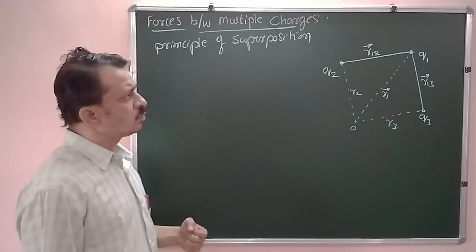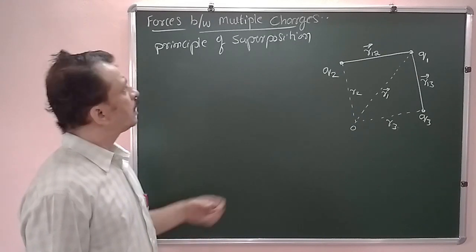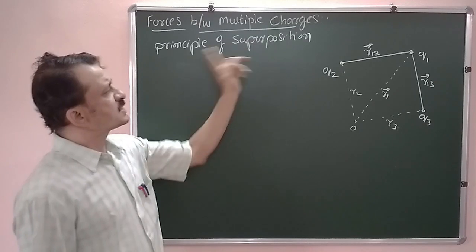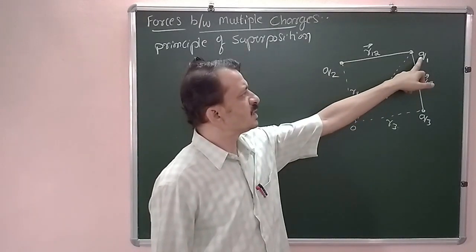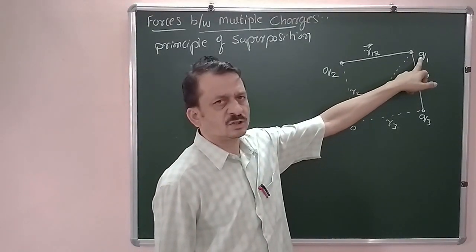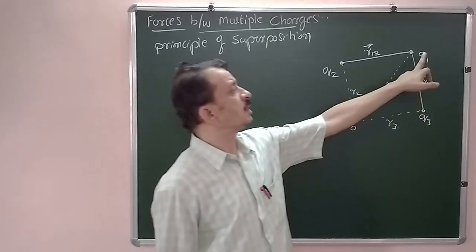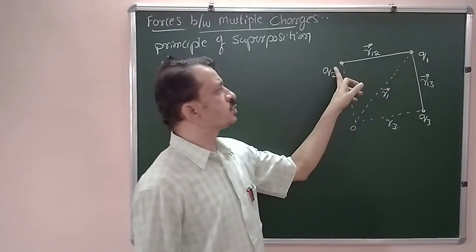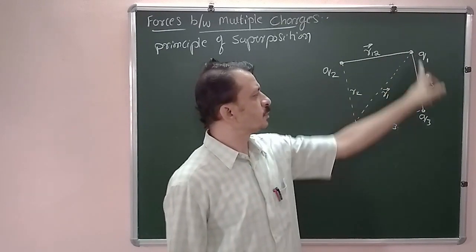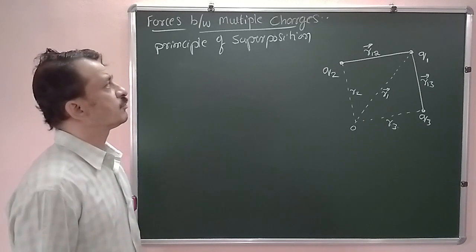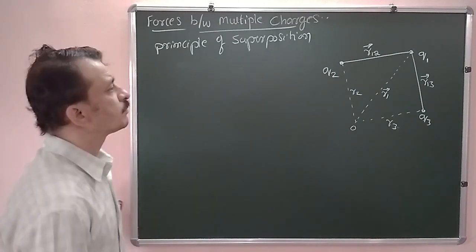Now here we are having a system of 3 charges. First we have to apply the principle of superposition. What this says is, if we consider the force on the first charge due to the remaining 2 charges, it is the vector sum of the force between Q1 and Q2 plus the force between Q1 and Q3. That is the meaning of the principle of superposition.